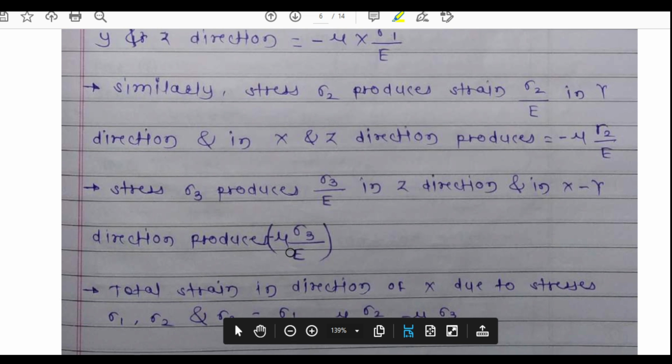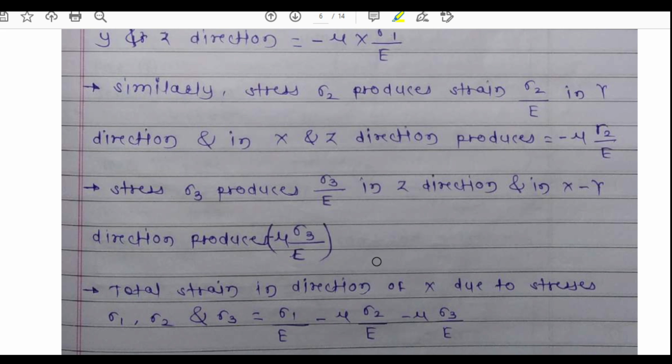sigma 3 upon E. Now for the total strains, as we have done in the two-dimensional system, we simply calculated all these strains and summed them up in x direction and in y direction. Here also we have to do the same, but here one direction is increasing.